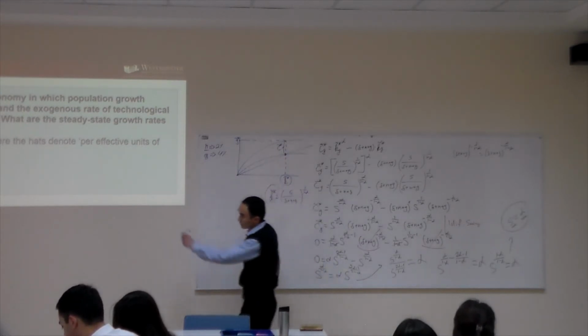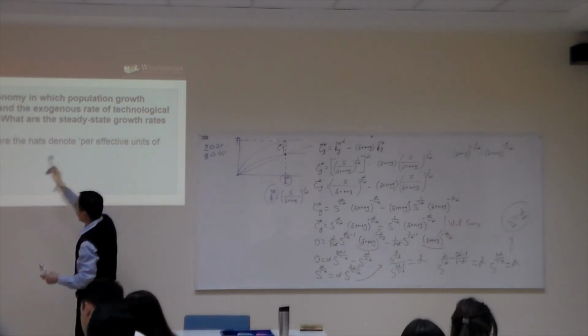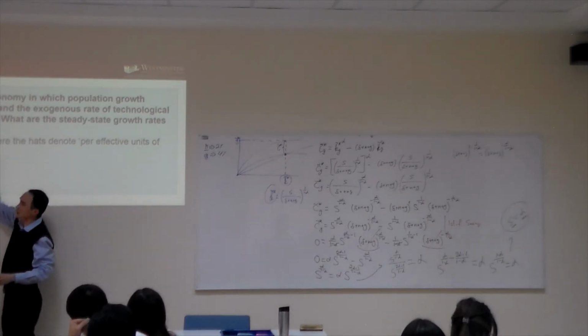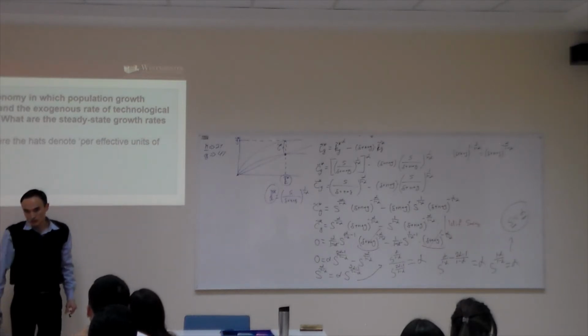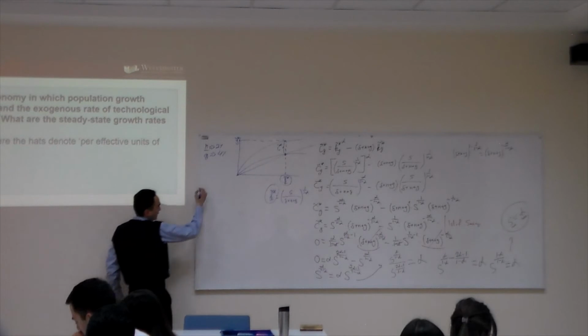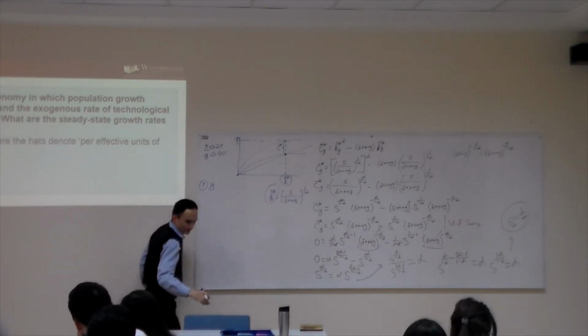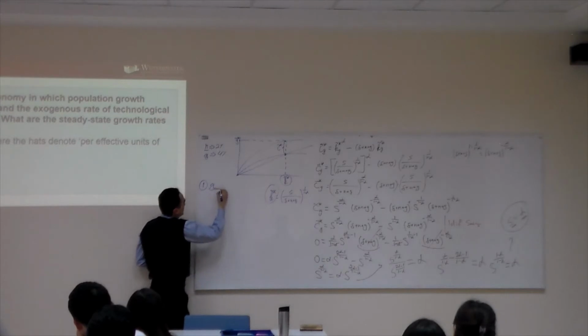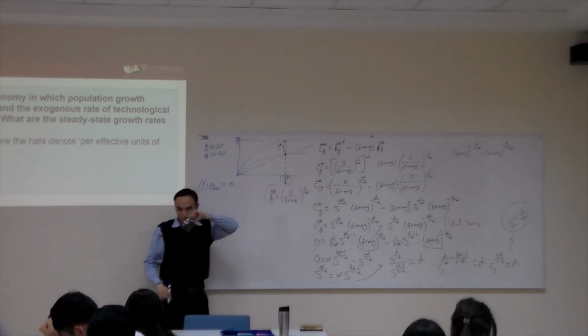Alright? So the first one is, what are the steady state growth rates of capital, output and consumption per effective labor? It's equal to 0. There is no growth. In the first case, growth is equal to 0. It does not grow.